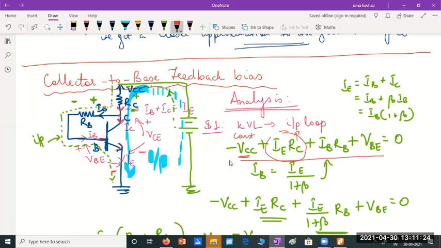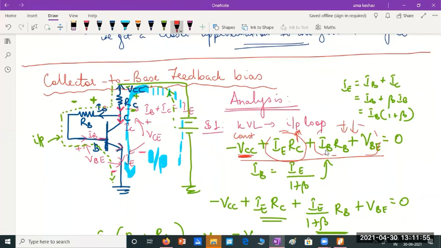If I should have this constant to be maintained and one value has increased, naturally the other two, VBE and IBRB, should decrease. We know VBE and IB are interlinked. If VBE decreases, IB decreases. So naturally you can say from this equation, these values will have to decrease if this increases in order to maintain the sum of these two constant.